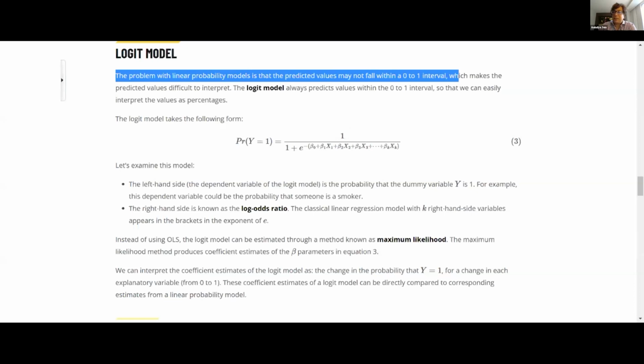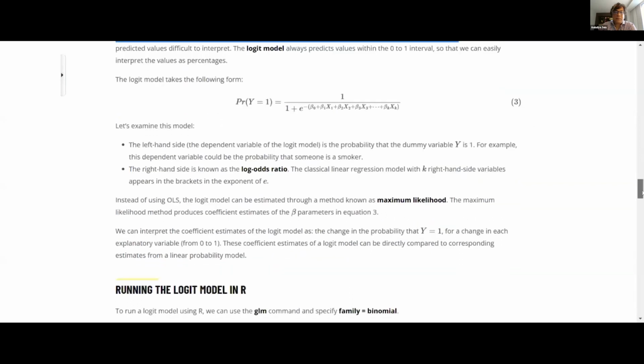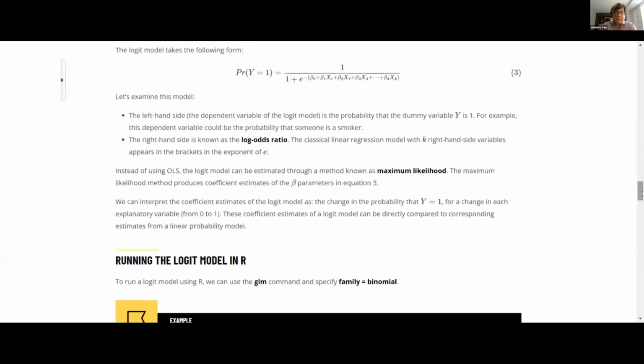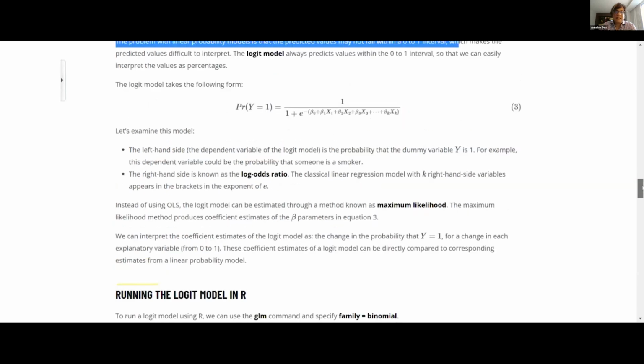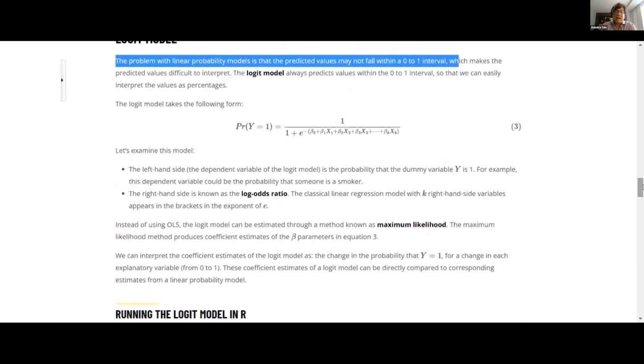On the other hand, when you use a logit or a probit model, the probabilities are set up with a specific function, which makes sure that when you do predictions, the prediction does not fall outside 1 or 0. That's why I use logit and probit.